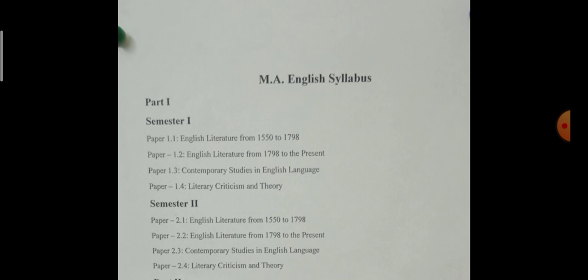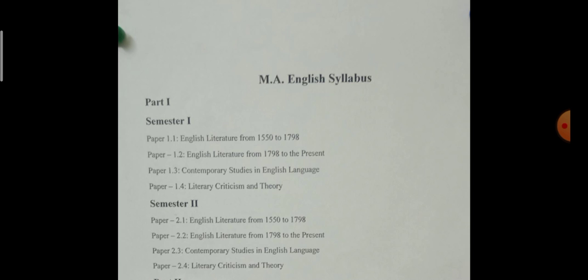The same papers are in the second semester, but the syllabus is changed. In paper 2.1, the names are the same, English literature from 1550 to 1798, but the content is changed.